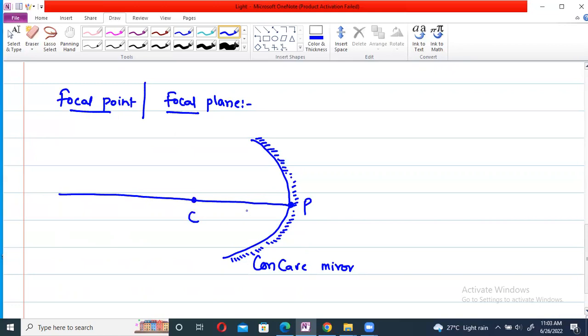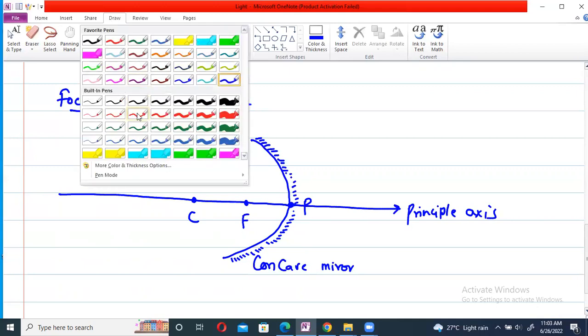Consider that C is the center of curvature, and this is the focus point F. And this line which is passing through C, F, and P will be called the principal axis.